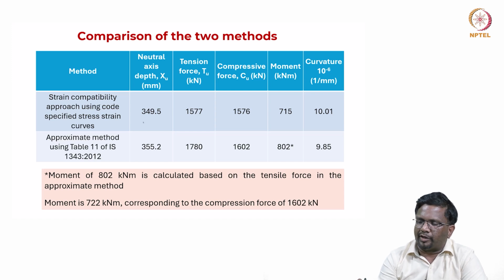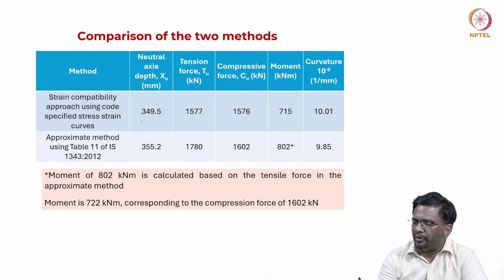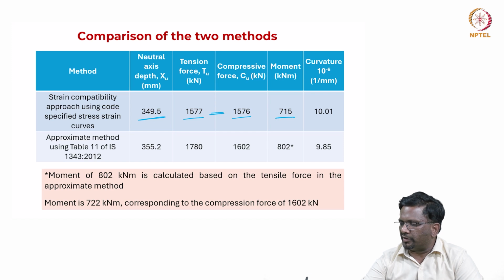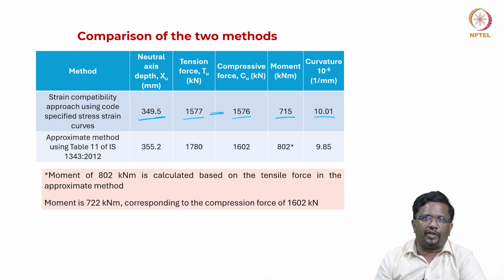If you use the strain compatibility approach, which is a more correct and rational approach, you get a neutral axis depth of 349.5 and a tension force of 1577, equal to the compression force. So, here both of them are equal and I get a moment resistance of 715 and a curvature at failure of 10.